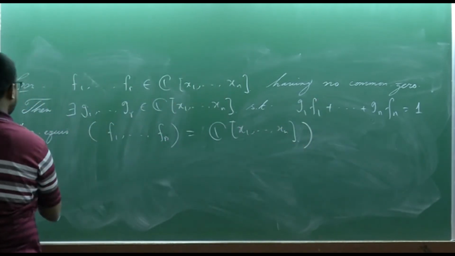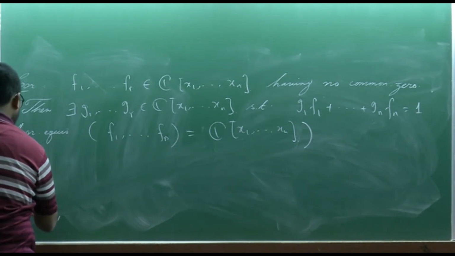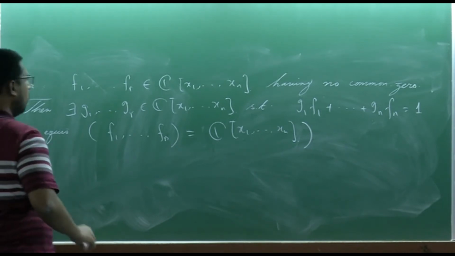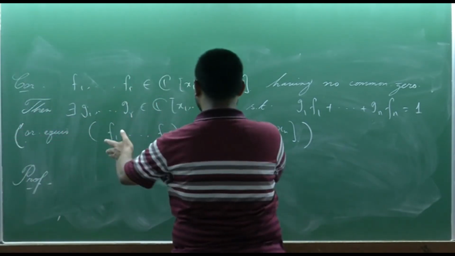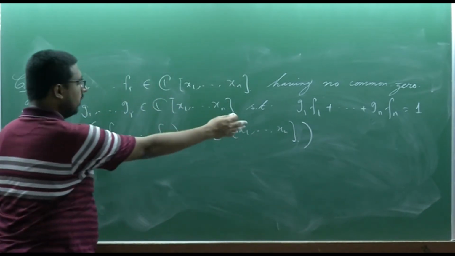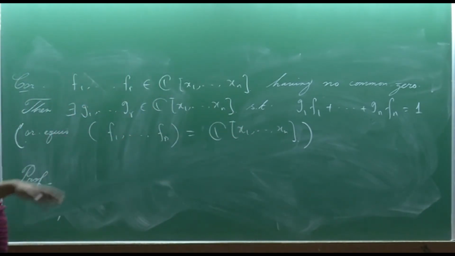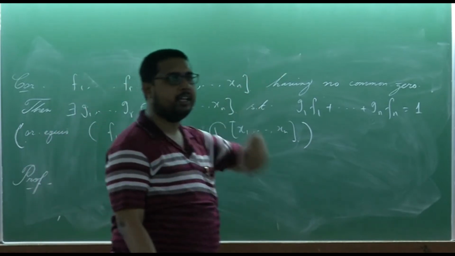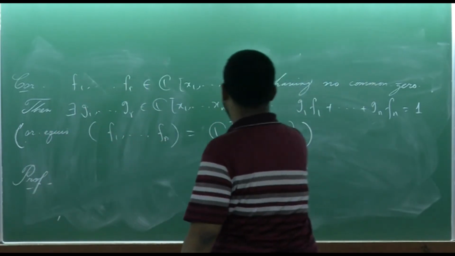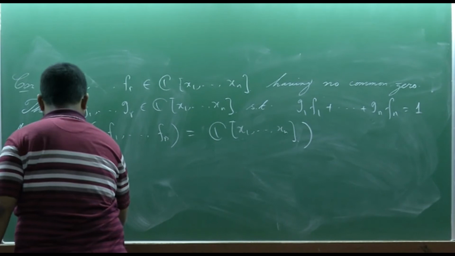Now, why is the statement true? It is better to prove that this ideal is exactly equal to the whole ring. If not, then this will be contained in a maximal ideal. So, assume the contrary.